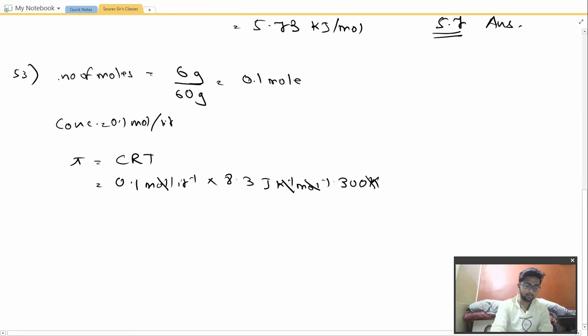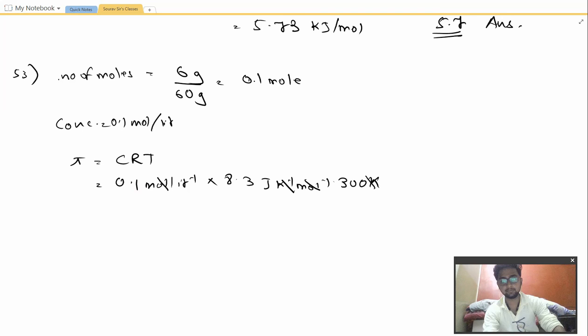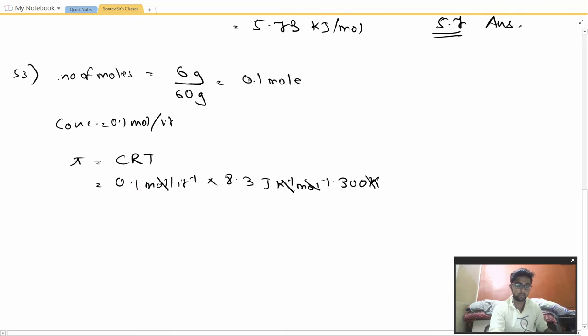So let us calculate this value first. 0.1 into 8.3 into 300 comes to 249. In the option this comes in kilopascal obviously.